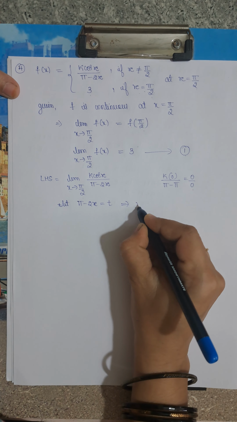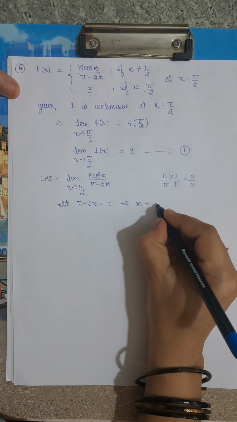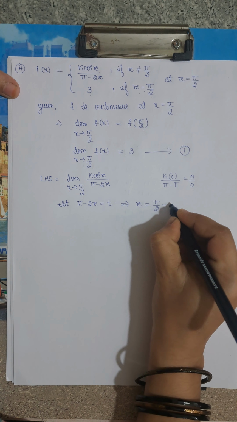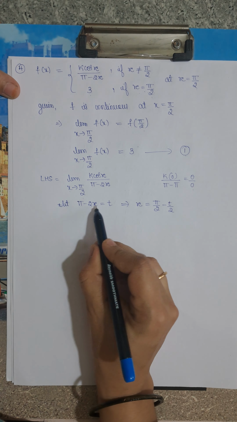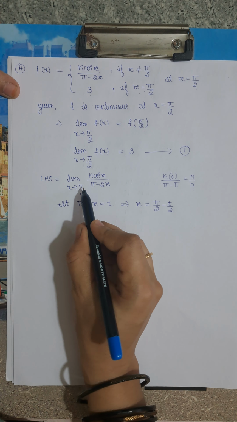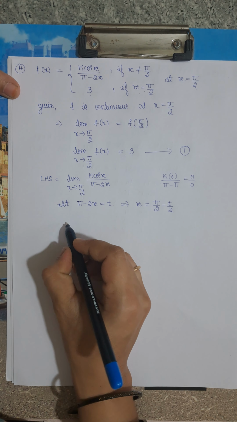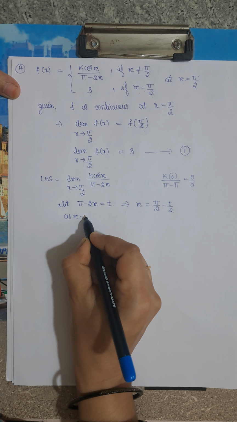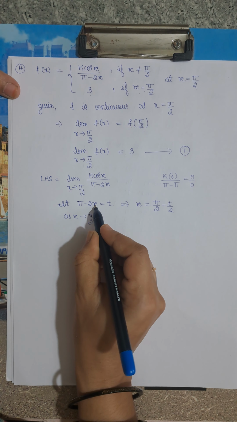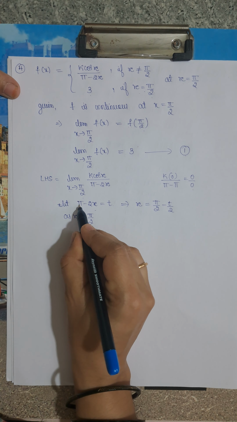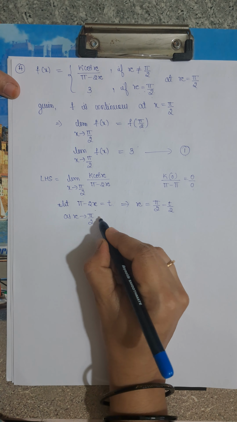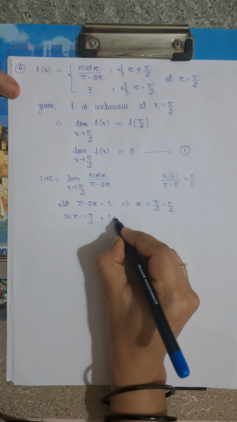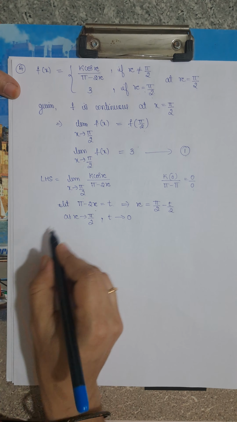So from this we can clearly solve for x, which will be pi by 2 minus t by 2. Now since we are changing x into t form, x tends to should also change as t tends to. So as x tends to pi by 2, if I substitute pi by 2 over here, 2 will get cancelled, pi minus pi will be equals to 0. So as x tends to pi by 2, the t will tend to 0.